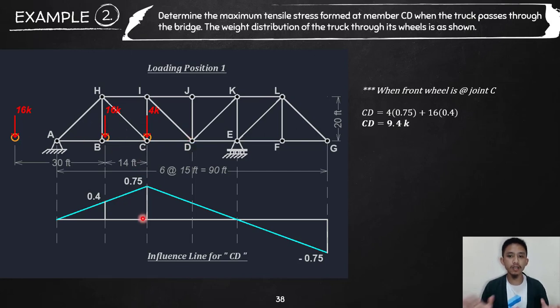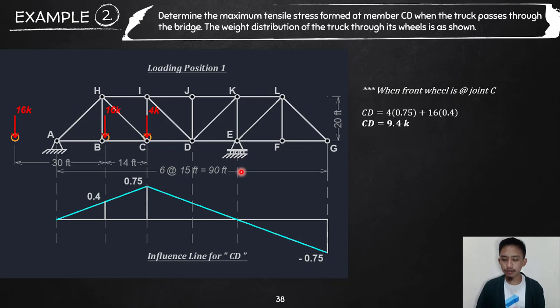We are going to figure out the possible location of this loading that will give us the maximum tensile, since that is what is asked by the problem. So we are going to play around with the loading. Let's move that around in such a way that we figure out the position that will give us the maximum tensile stress of your member CD.